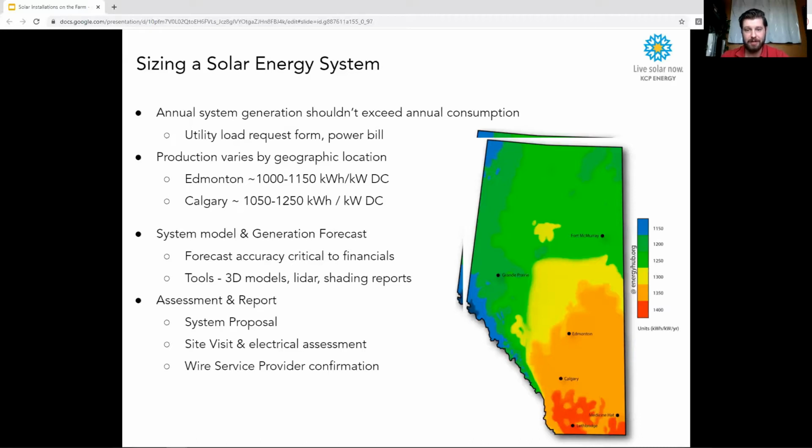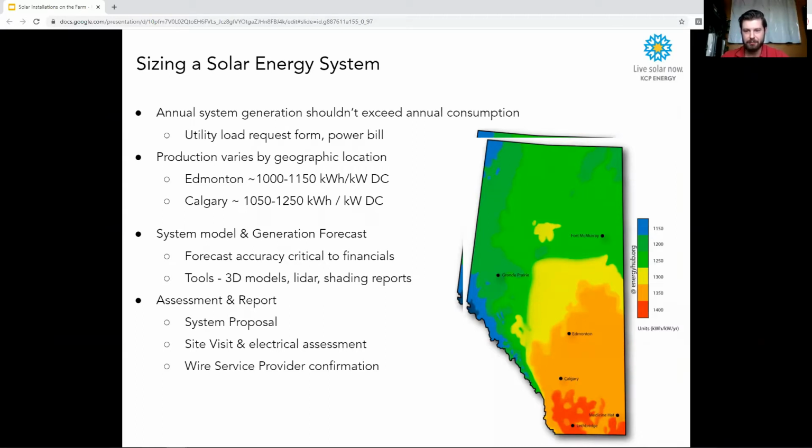And if the preliminary numbers make sense for the farm owner, the installer will come out and do a site visit to make sure that the system's going to fit with the existing electrical equipment. And then make sure there isn't any other kind of concerns like shading or other site-specific issues that could affect the performance or installation or code requirements.